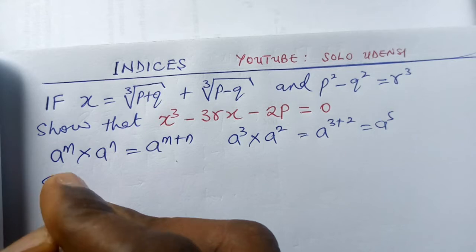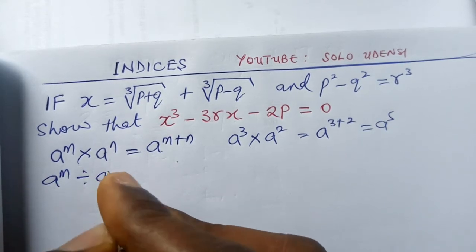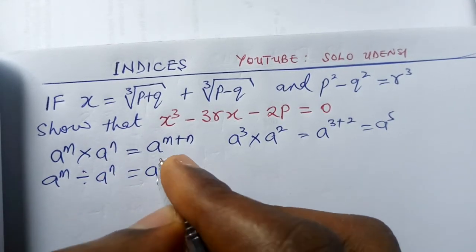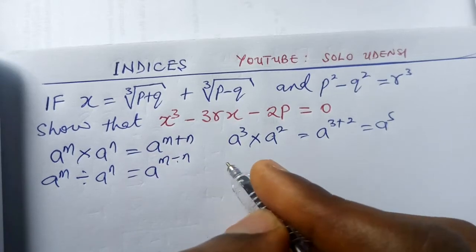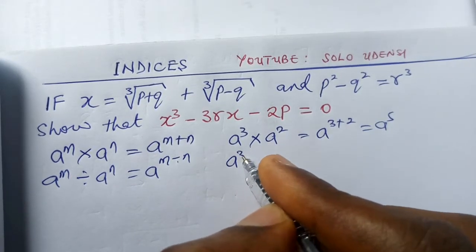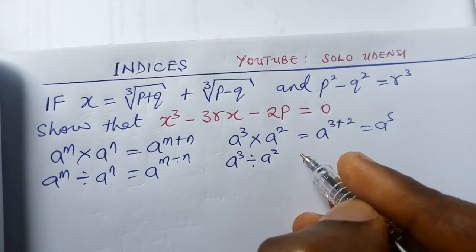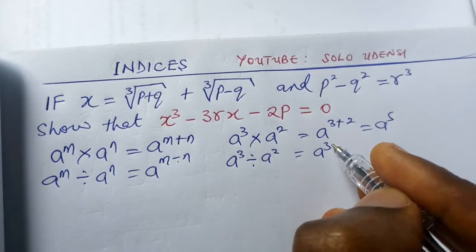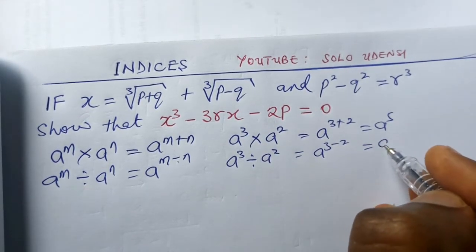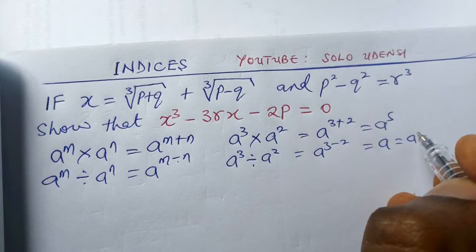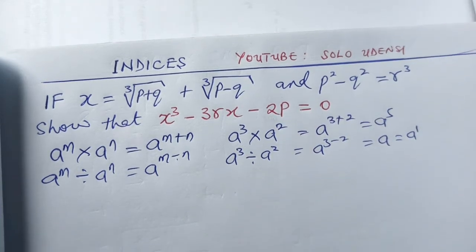Division law of indices: a^m divided by a^n will give us a^(m-n), so we subtract their powers. So if we have a^3 divided by a^2, you have a^(3-2), which is a raised to power 1.